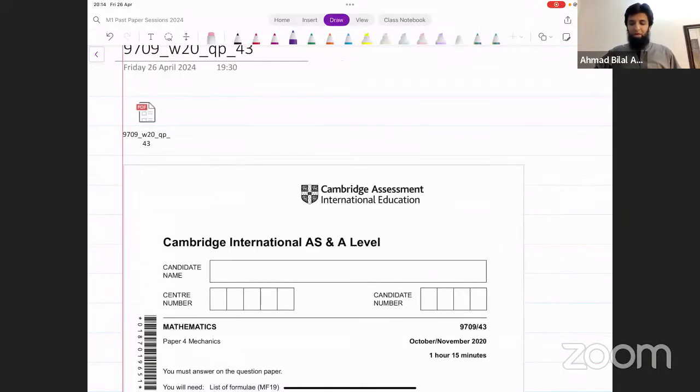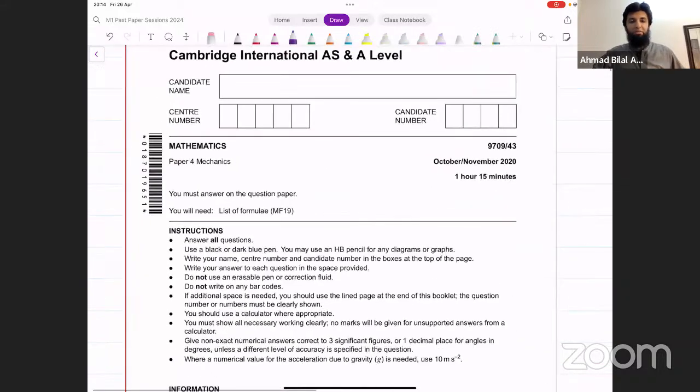November 2020, paper 4, variant 3. This is the next paper. Again, let me know in that poll which questions you found difficult from this paper.